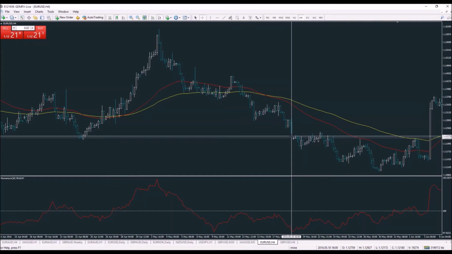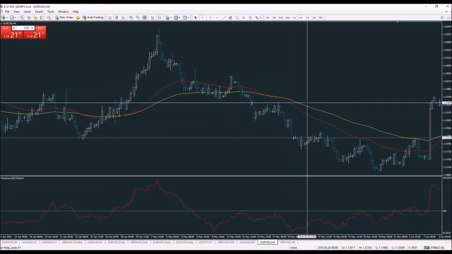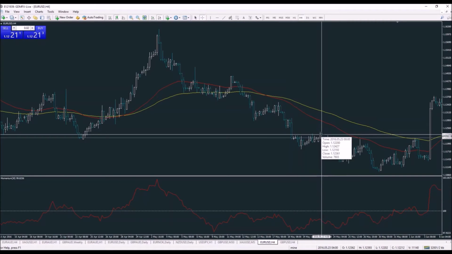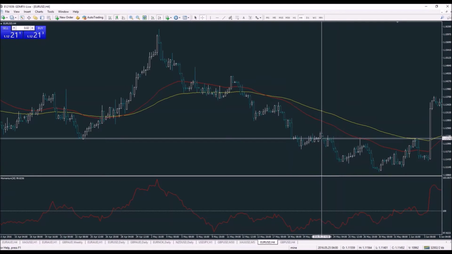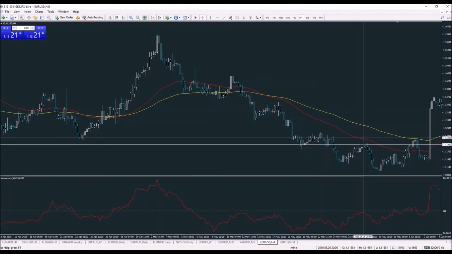Another case, of course, I wouldn't take this one because I can see that the momentum is going further down and might even start reversing before it hits my take profit. But then we see the same wave continues to move down. Another 80 pips of profit over here, another 80 pips of profit over here.